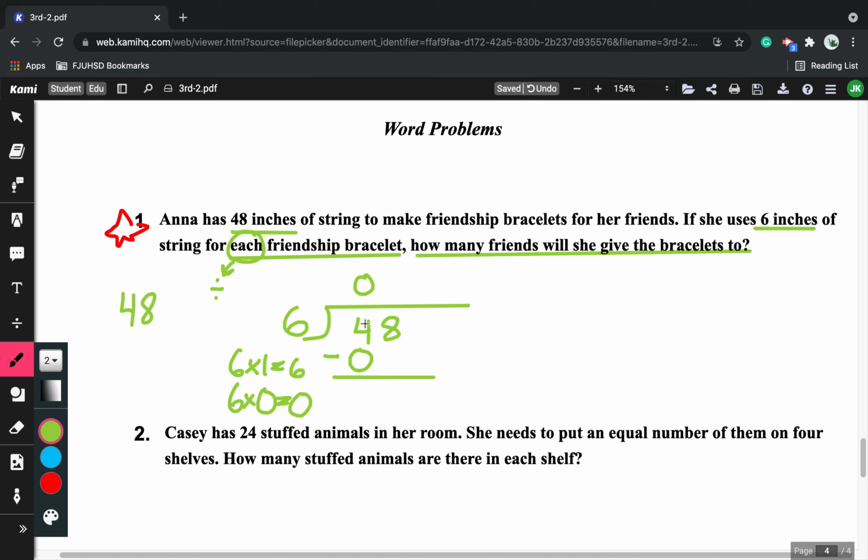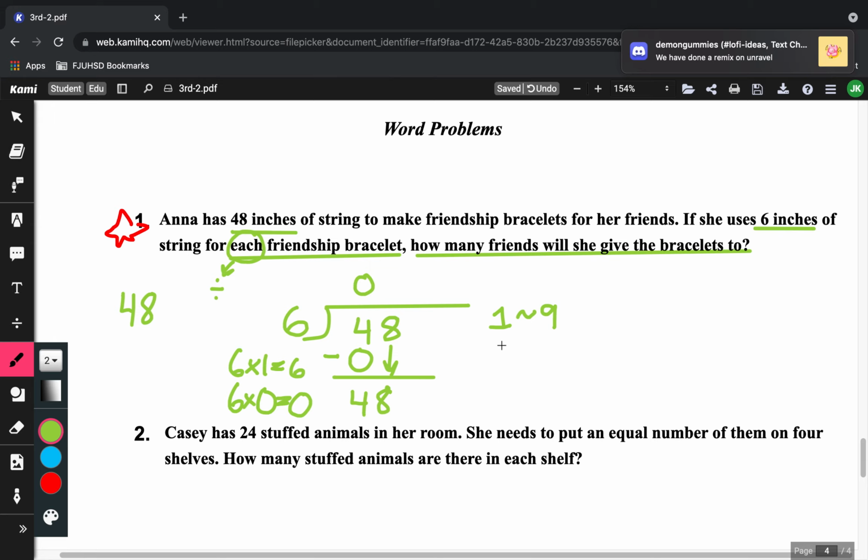Subtract this out. 4 minus 0 is 4, and bring down the 8. If that happens, that means it's going to be a number from 1 through 9. So, how many times can 6 go into 48?